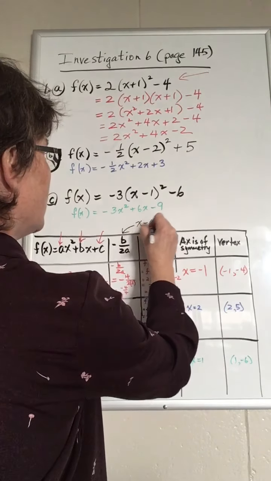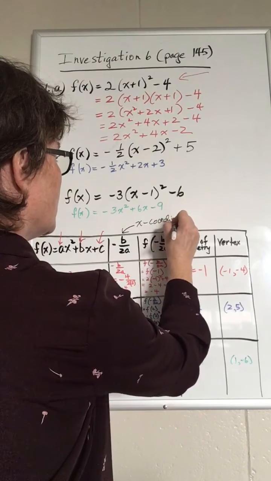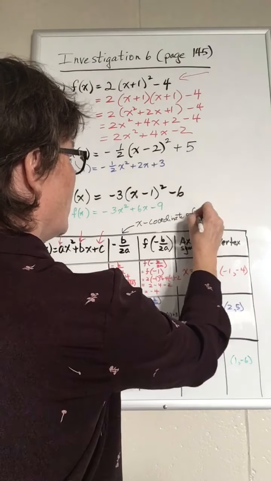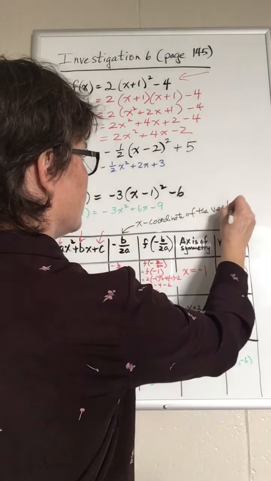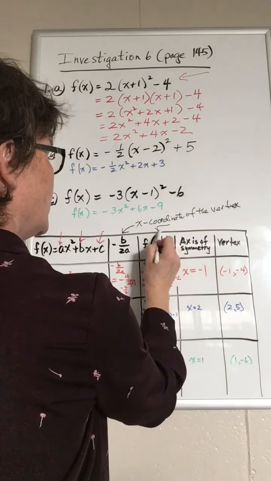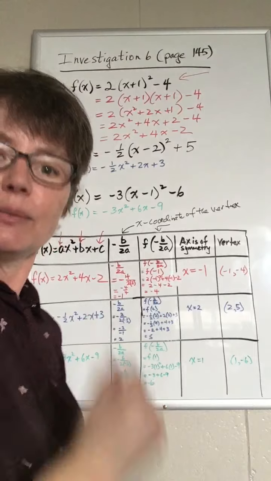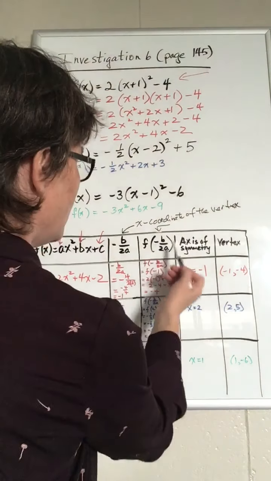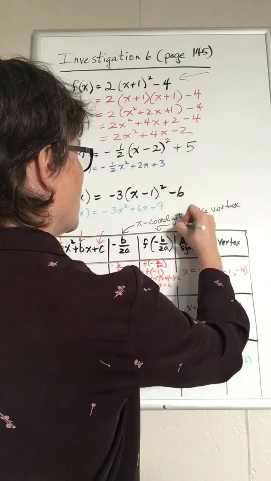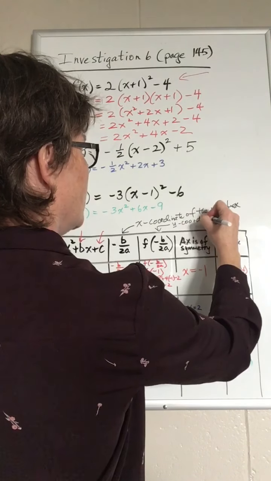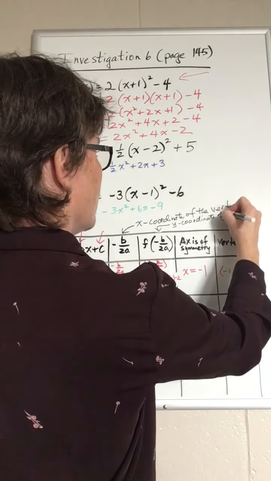So this will calculate the x coordinate of the vertex. Similarly, if we take that x coordinate and substitute it back into the function, so f of negative b over 2a, this is going to be the y coordinate of the vertex.